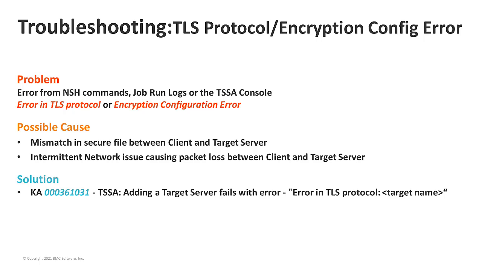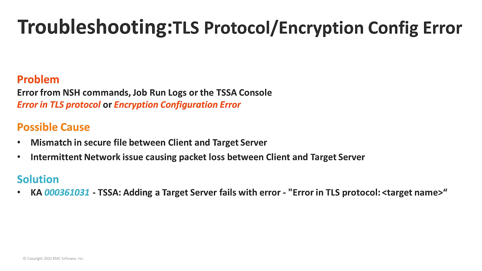If the issue is not with the configuration file, we need to check from the network point of view. We need to do a packet capture between the application server and the RSCD agent which is failing, and see if there is a network packet drop.